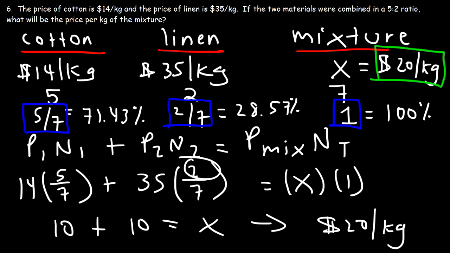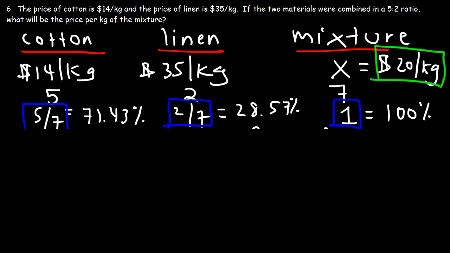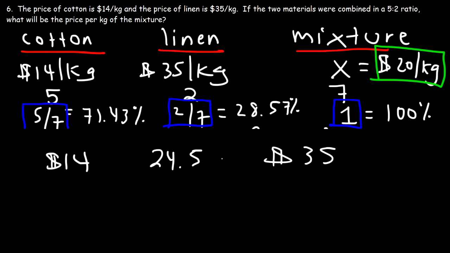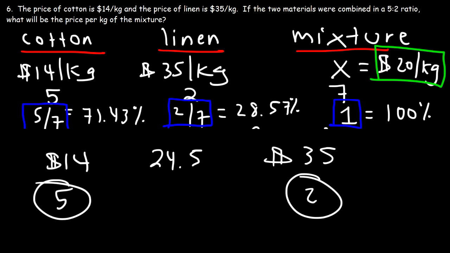Now let's see if our answer makes sense. The price of cotton is 14 and the price of linen is 35. If we add up 14 and 35, which is 49, and then divide by 2, the midpoint is 24.5. Now notice that the quantity of cotton is greater than the quantity of linen.